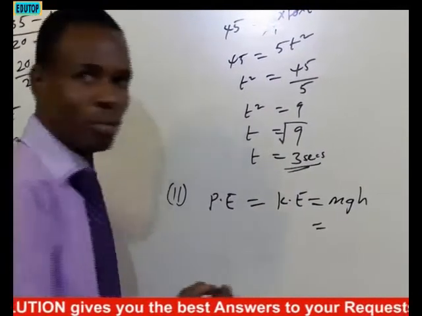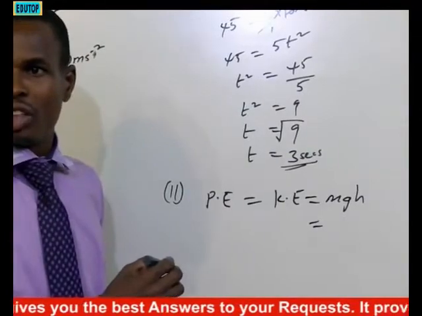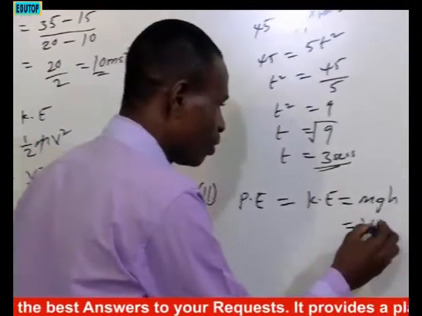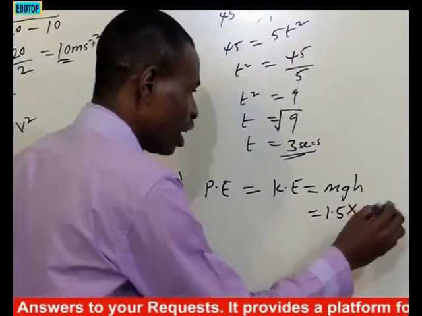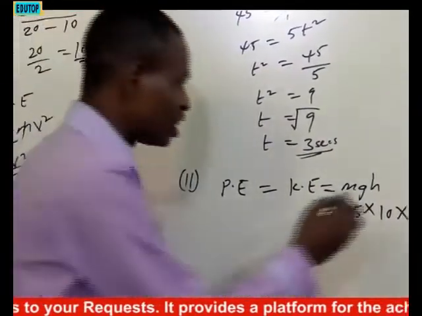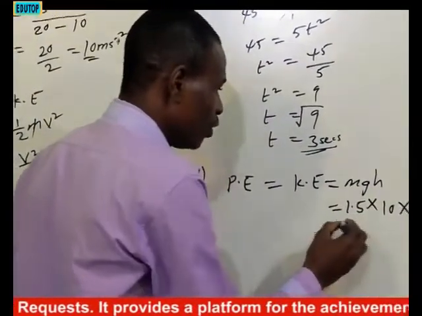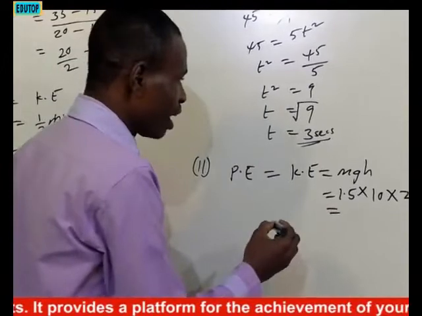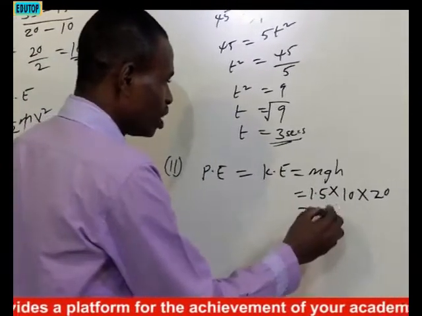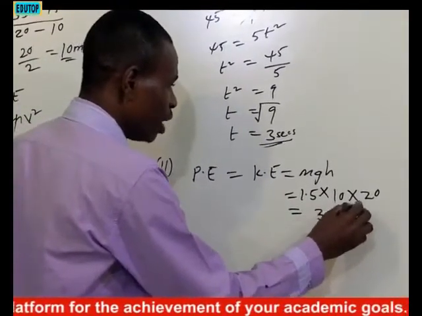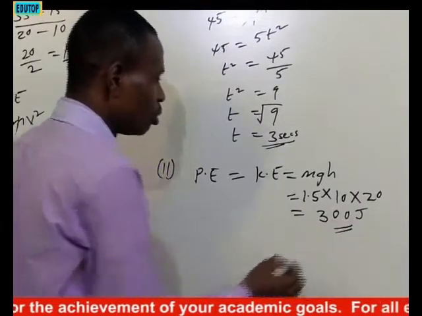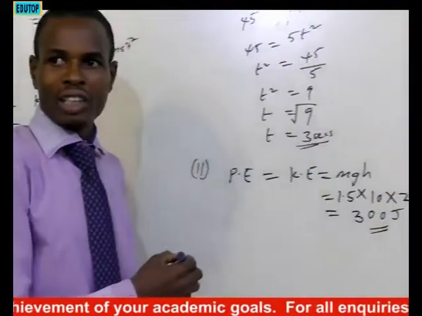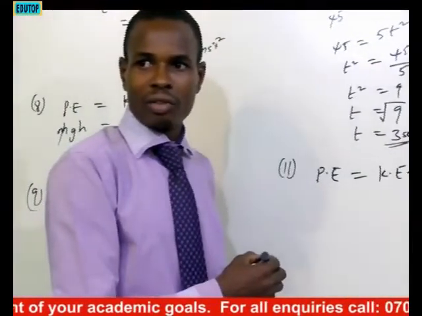The mass of the hammer is 1.5, g is 10, and the height is 20. If you multiply 1.5 by 10 by 20, we have 300 joules. And that is question 11.